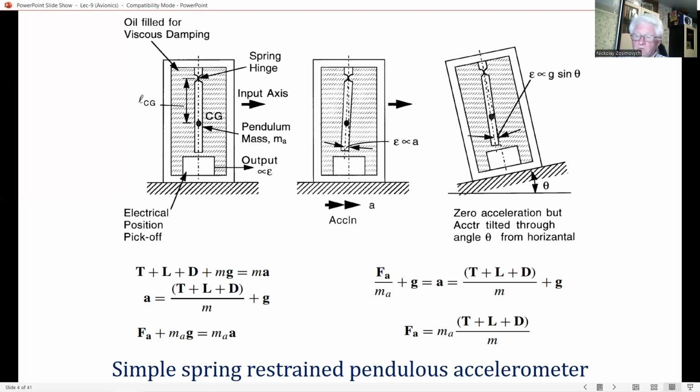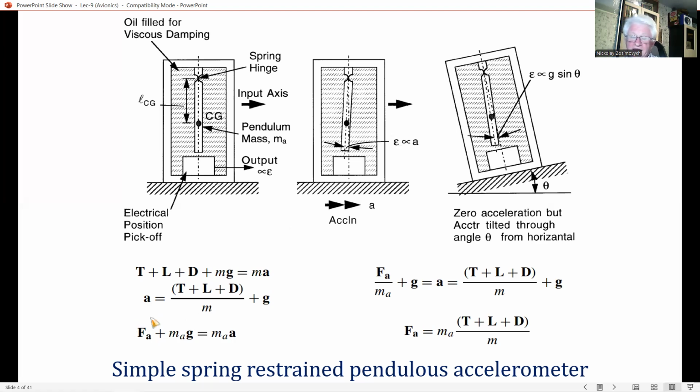So we may write T plus L plus D plus mg equals ma, from which we find a very simple expression for acceleration. Thus the vector sum of the external forces excluding the gravitational force, divided by the aircraft mass, that is (T plus L plus D) over m, is known as the specific force.